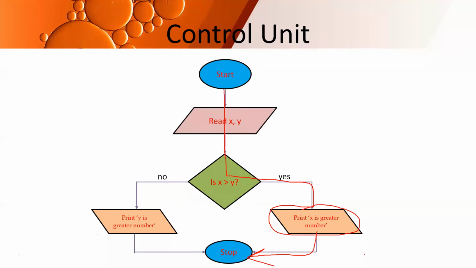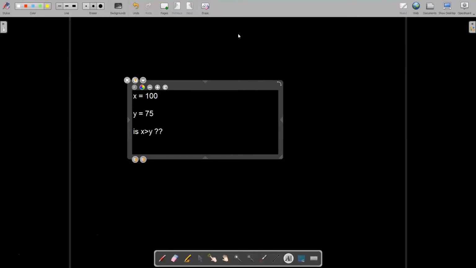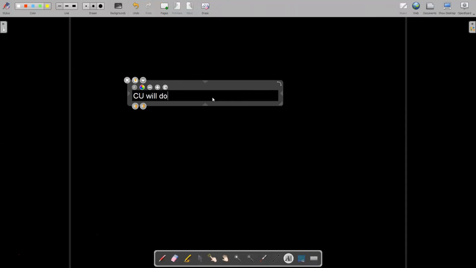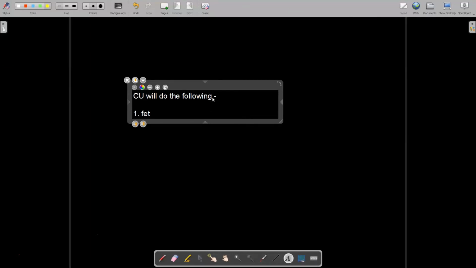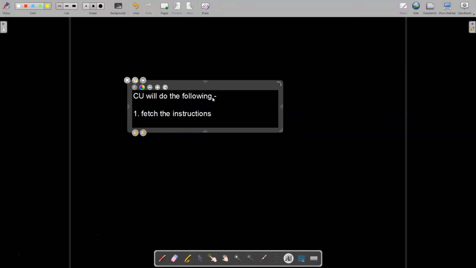So what does the control unit do? It will first fetch the instructions, from where?